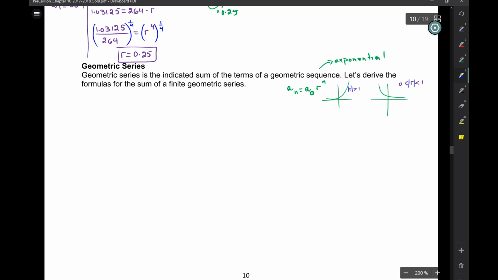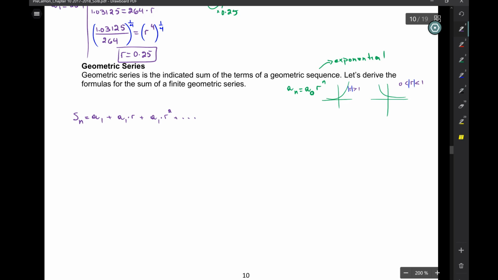Let's try to derive a formula for the sum of a series. Let's see what S_n looks like. I have a_1, that's my first term. Does it make sense that the second one is a_1 times r, and the next term is a_1 times r squared, because I just add another r?